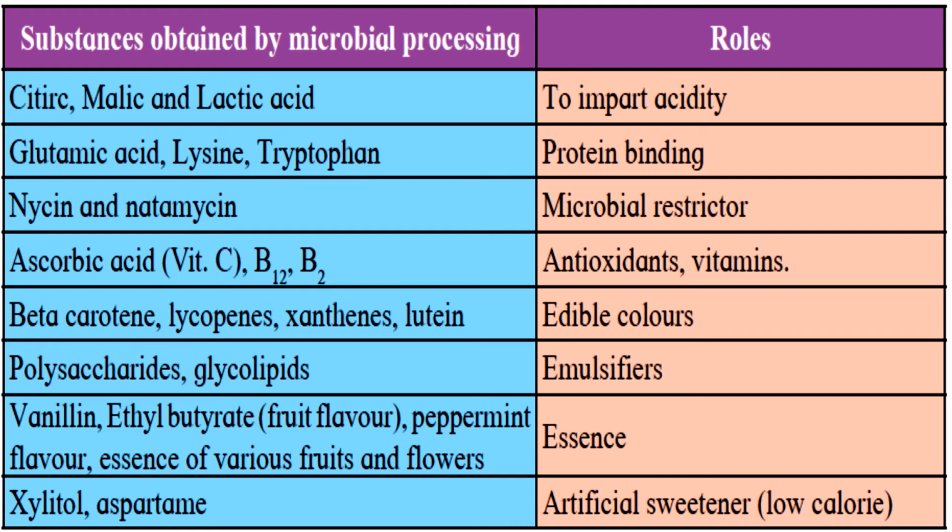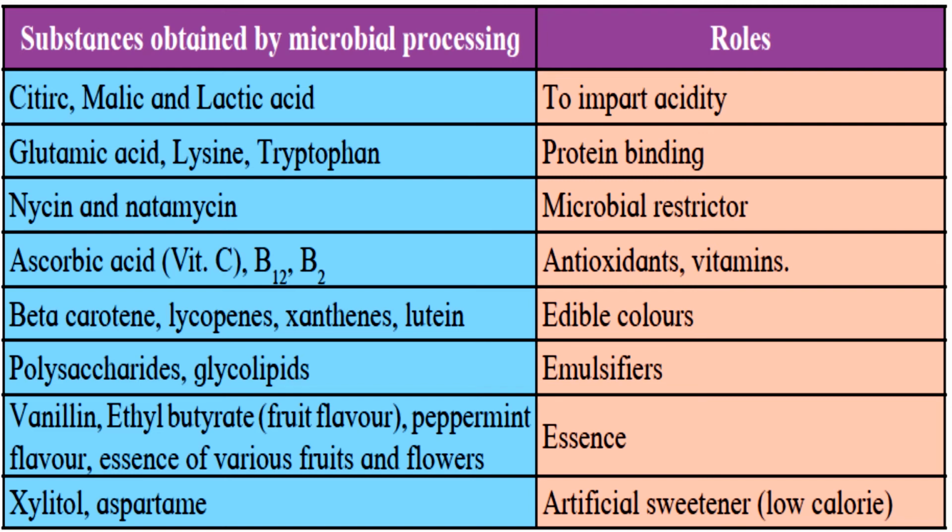Niacin and natamycin help as microbial restrictors. Ascorbic acid, that is vitamin C, B12, B2, their role is as antioxidants and vitamins. Beta carotene, lycopene, xanthophyll, lutein act as edible colors. Polysaccharides, glycolipids act as emulsifiers.